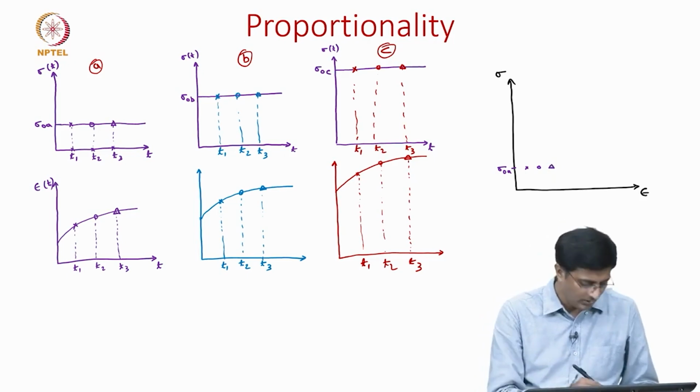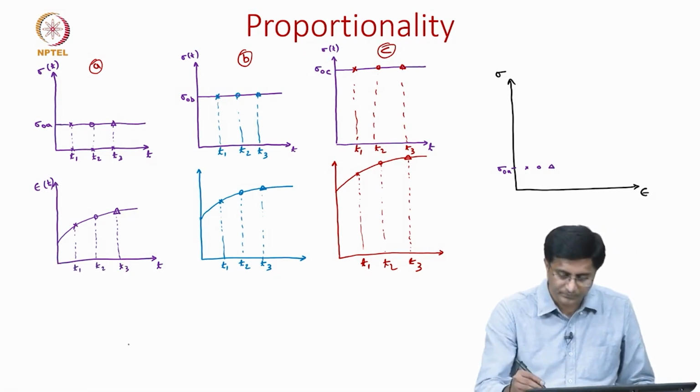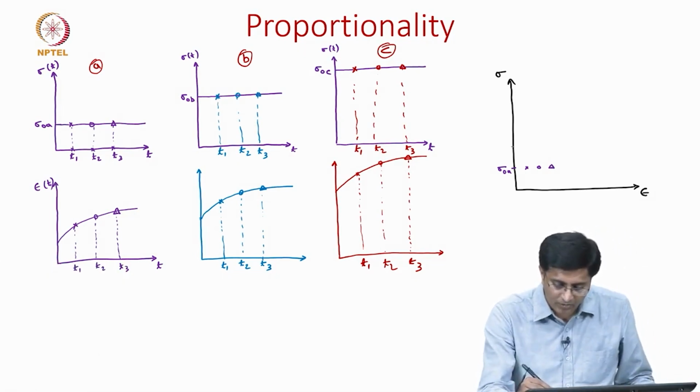So now let us see the results for the second test. Now the loading is at sigma naught B and let us say the responses are somewhere here.